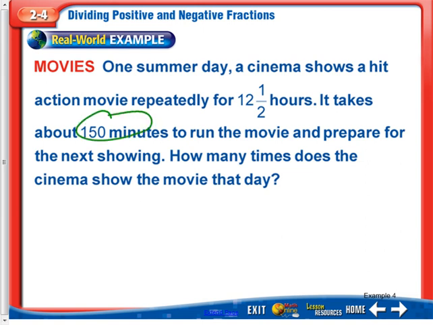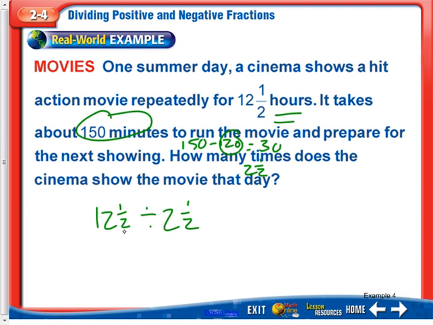Let's get this into hours because we have to have common units. Let's leave the 12.5 the same, and we're going to divide that by the 150 minutes. If I take 150 and subtract 120, I'm going to have 30 left, and 120 was 2 hours, so that's 2.5 hours. I'm going to divide by 2.5.